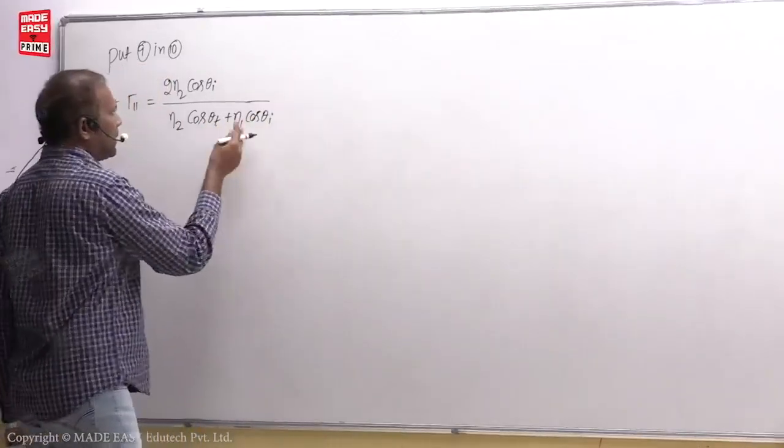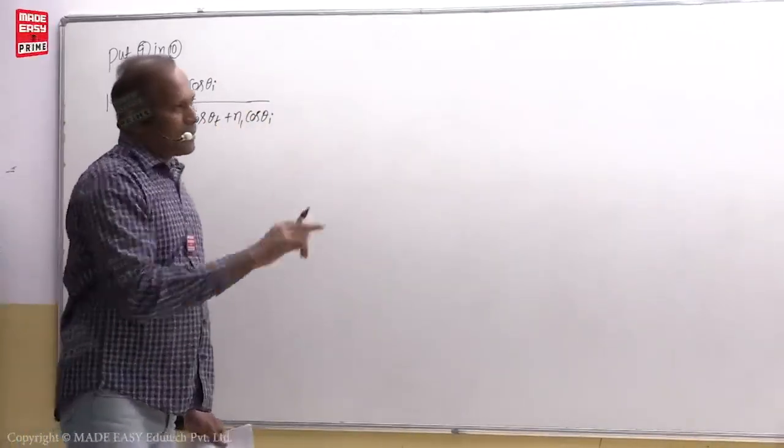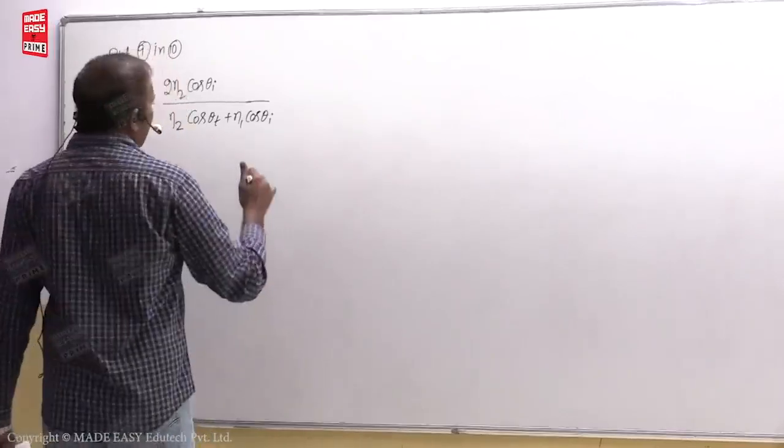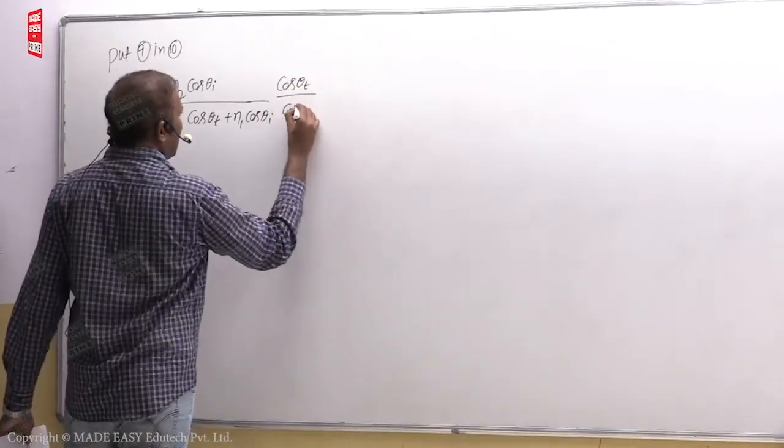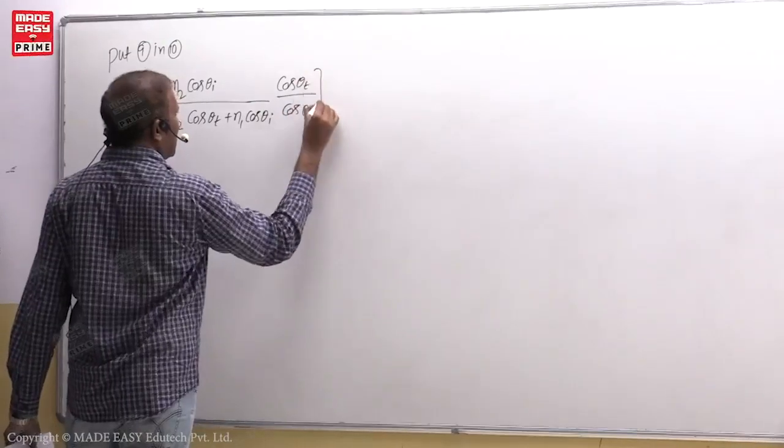You can interchange them. Now there, cos theta t divided by cos theta I is there.